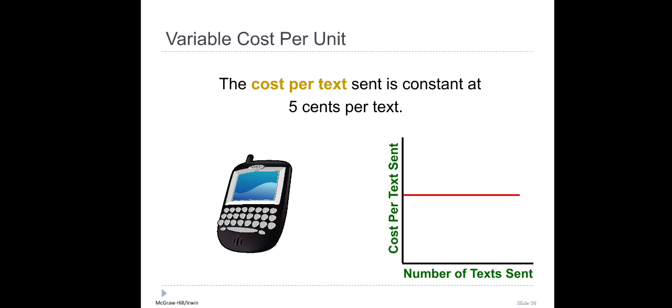So the unit variable cost graph is like this that you see in this slide. It is a straight horizontal line. One text, 5 cents. If a person sends two SMS or text, the total variable cost is 10 cents, but unit variable cost is still 5 cents. Unit variable cost means total variable cost divided by quantity.